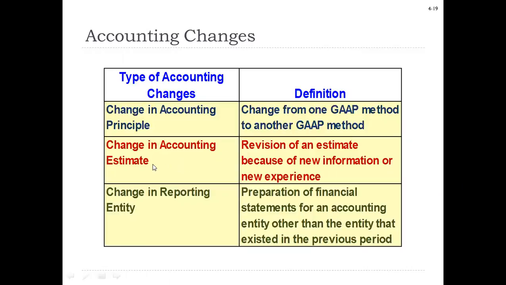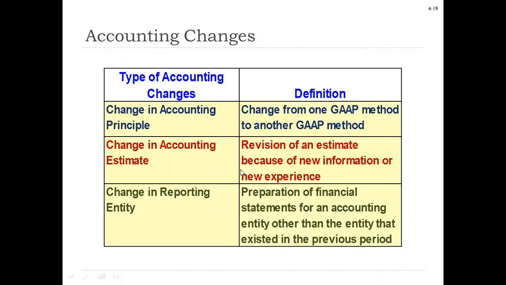A change in accounting estimate is when you revise a previous estimate because of new information or new facts. As you recall, an estimate in accounting that we make is in the area of depreciation. We have to estimate the salvage value, and we have to estimate the useful life of the asset in computing depreciation.